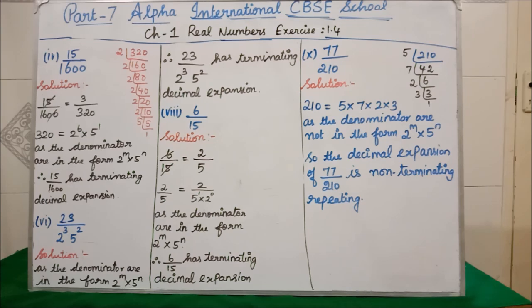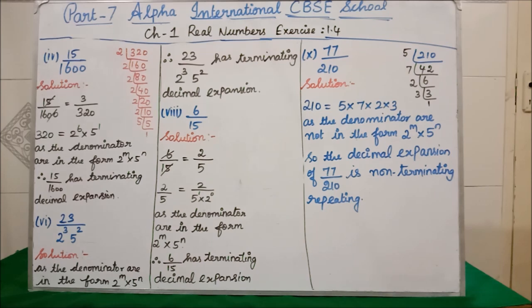Clear? Now if you see the sixth question, 23 divided by 2 cube into 5 square. Students, in the fourth question, the denominator part we had to factorize and bring into this form. But in the sixth question, it is already factorized and given. We have to find whether it terminates or not.